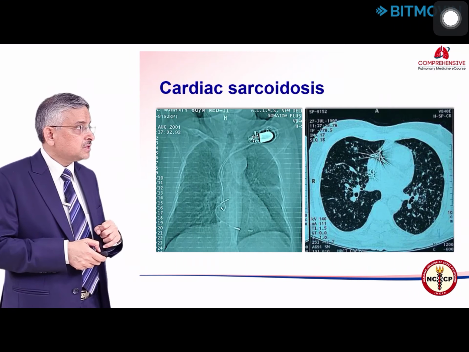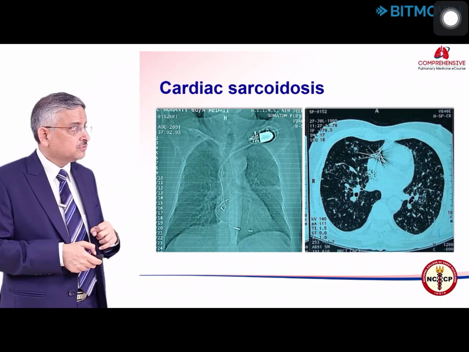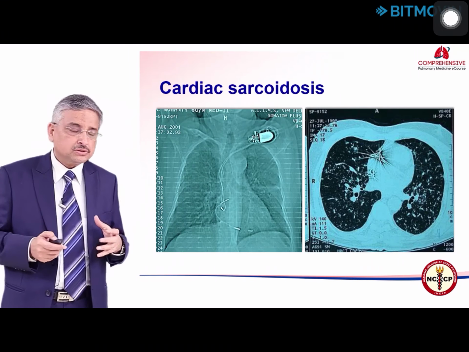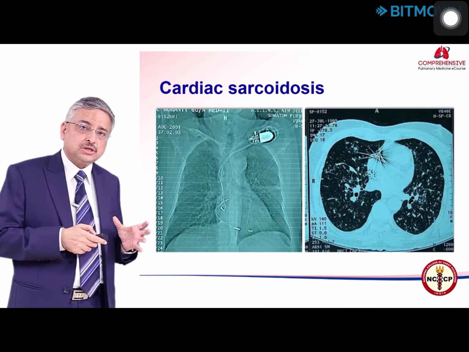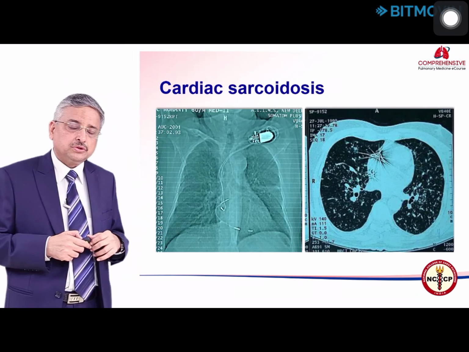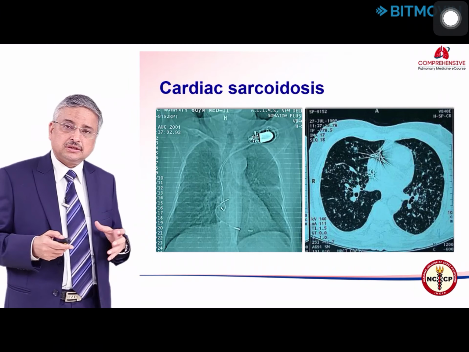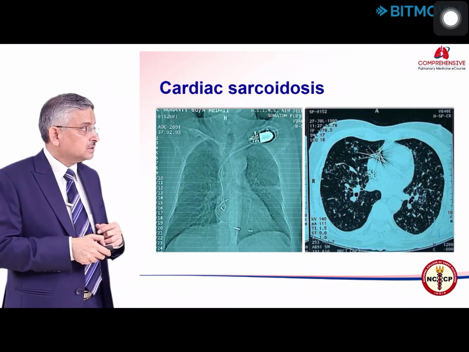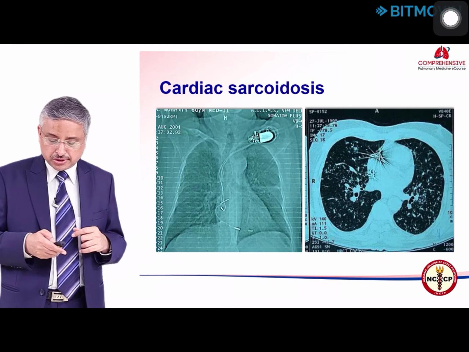The X-ray showed these classical nodular infiltrates with peribronchovascular and fissural involvement, which classically suggested sarcoidosis. So, this patient had interstitial lung disease secondary to sarcoid, and there was also involvement of the conduction system of the heart, which was basically cardiac sarcoid. You can see this CT, which shows the pacemaker in place, and the nodular shadows in the lung.